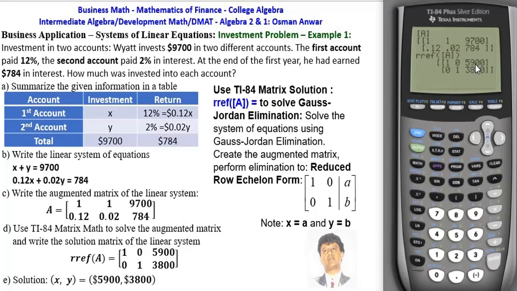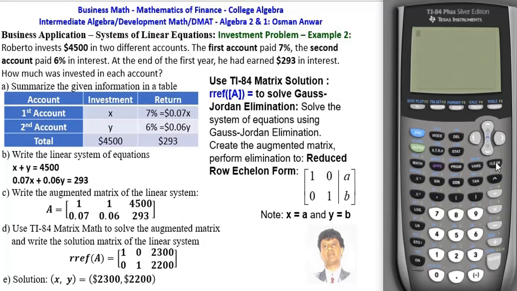X equals 5,900 and y equals 3,800. Okay, and indeed if you add x plus y, 5,900 plus 3,800 is going to give you 9,700, and if you multiply the 5,900 by 0.12 and multiply 3,800 by 0.02 and you add them, you're going to get 784.